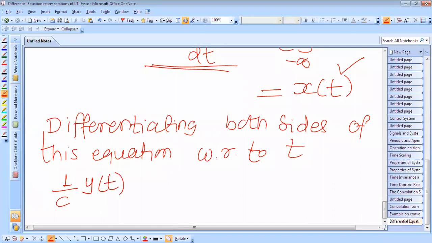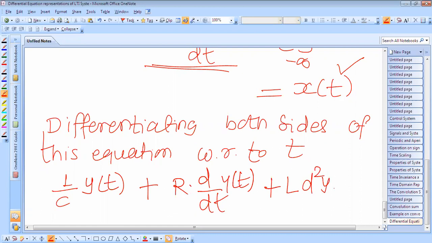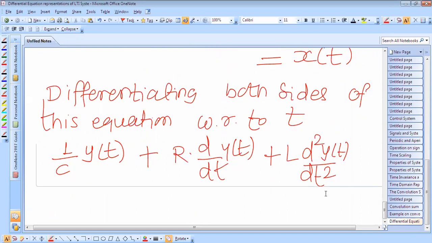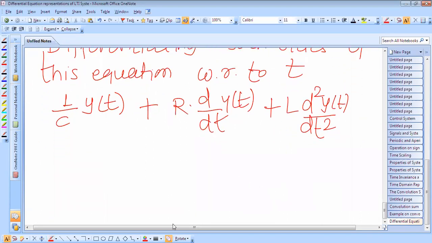Differential of the integral value is that value, that is 1 over c into y of t, plus the differentiation of the r y of t is r into d of yt by dt, plus the differentiation of the inductor, that is L into d square of yt by dt square, and this is equal to the input we have applying here, the voltage, so the d dt of x of t.